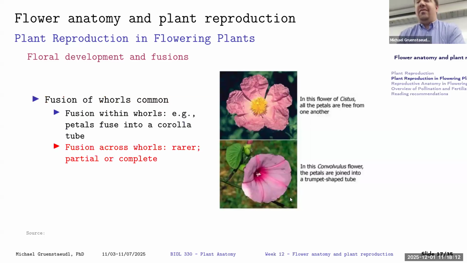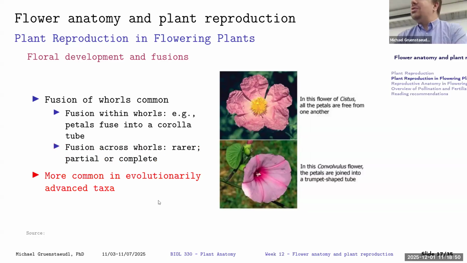You can also have fusions across whorls, because so far I've shown you what if all or some of the petals fuse. But it could also be that, for example, the petals and the stamens fuse. Yes, weirdly enough, the vegetative and the generative part of a flower can fuse, so that suddenly it's the petal that produces the pollen, because the stamens have fused with the petal.